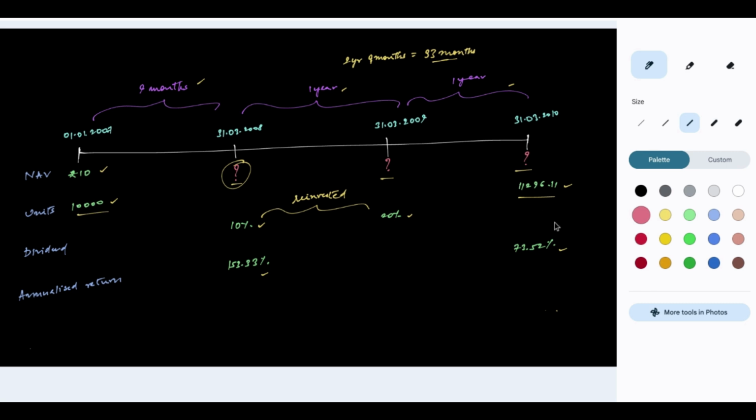Is there any dividend distributed on 31/3/2010 here? No dividend. If there is no dividend, then there is no dividend reinvestment. So whatever units are here, the same thing will also be here. So even this will be 11296.11.